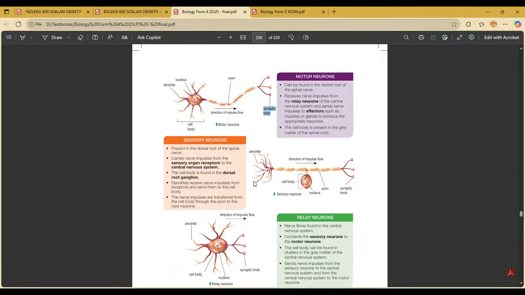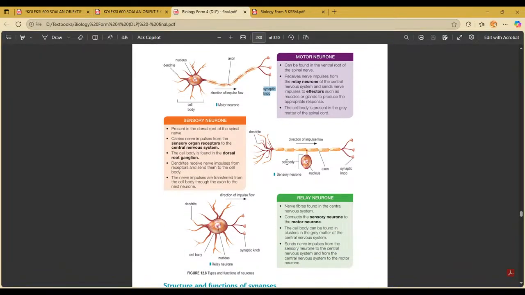Sensory neuron has the cell body in the middle of the axon and dendrite, synaptic knob at the end. The cell is found in the dorsal root ganglion, whatever that is. Nerve impulses are transferred from the cell body to the axon to the next neuron. Relay neuron.